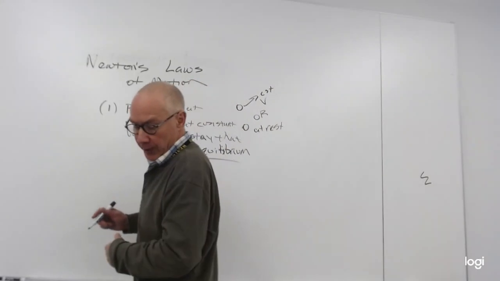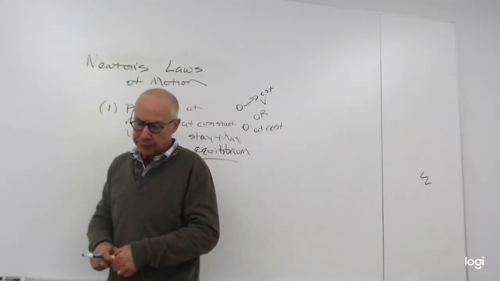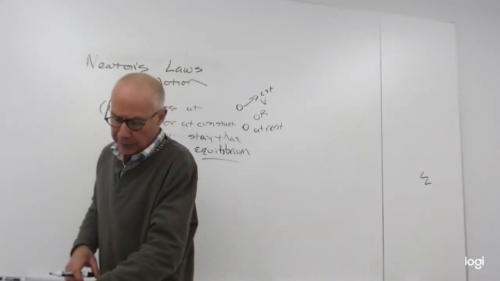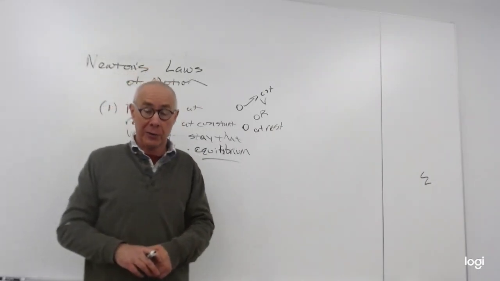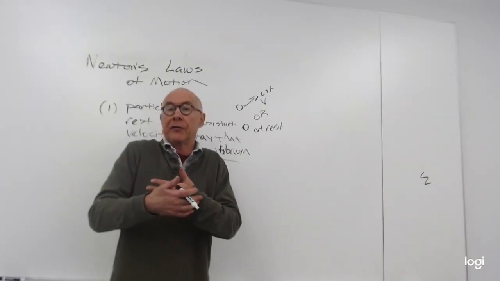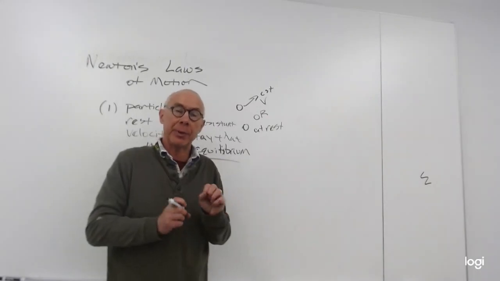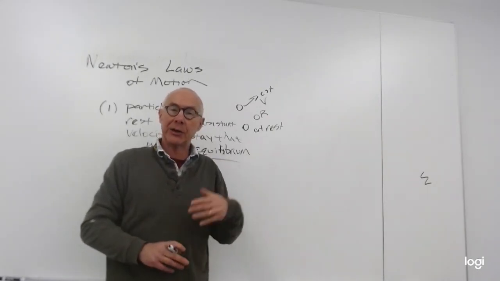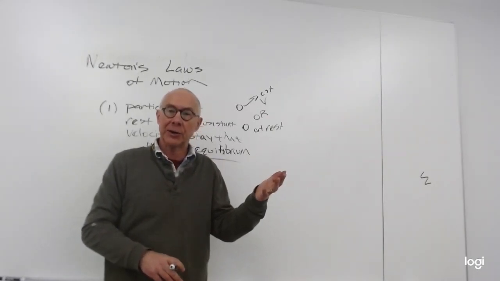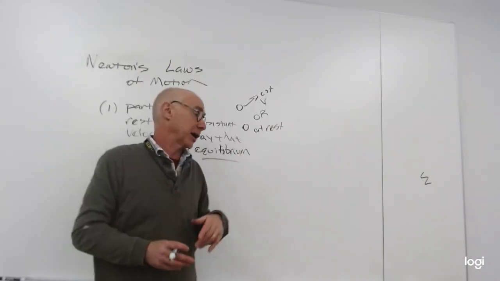All right, so the second of Newton's laws of motion is that, I'm reading my notes here, when you apply a force to an object, let's say you push a box, it's going to accelerate. That acceleration is inversely proportional to the mass of the object.